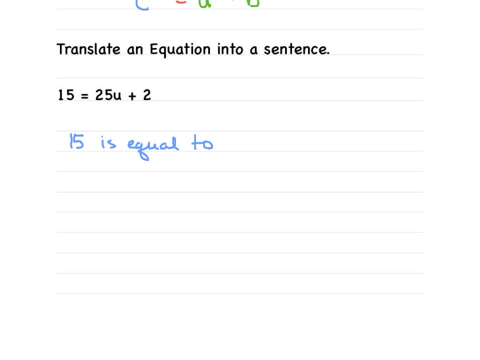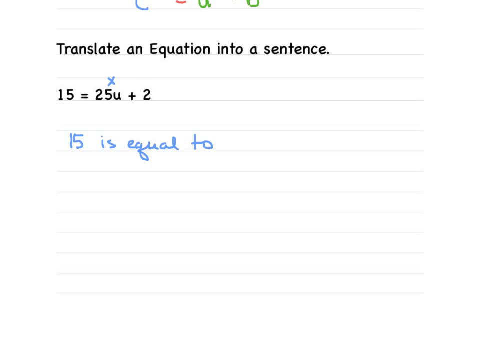All right, and then we have 25u. Well, in between the 25 and the u, there is an invisible multiplication symbol. So I can write 25 times u. I can write 25 multiplied by u. I can write the product of 25 and u. Any of those really would be fine.